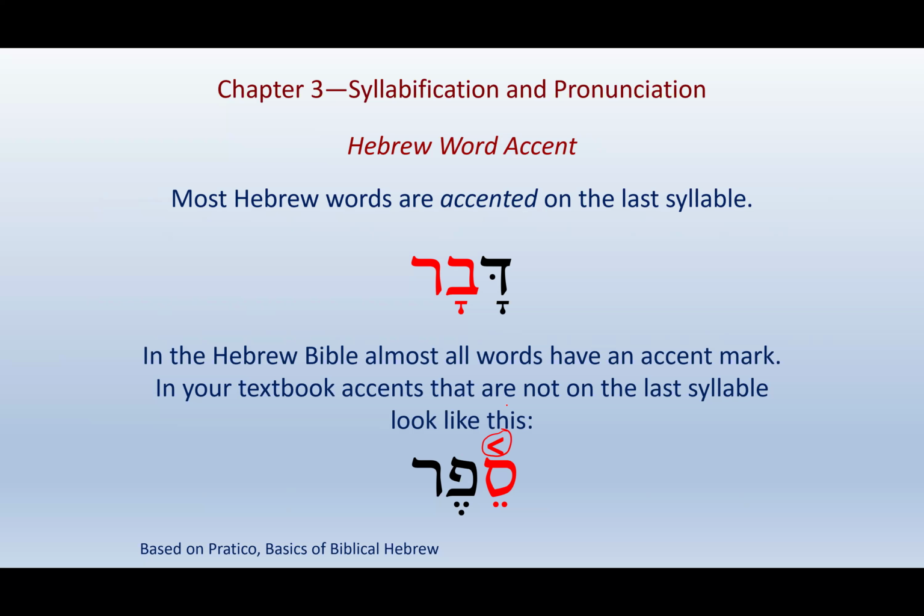But anyway, here in this book, it's going to be the accent. And this is what they call a segolate. We'll learn more about that later. But the segolates are words that normally accent on the first syllable. So this would be not sefer, it's sefer.